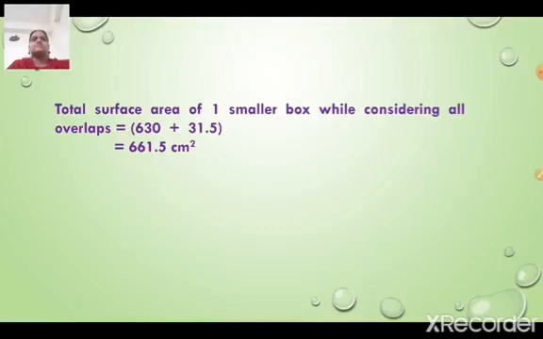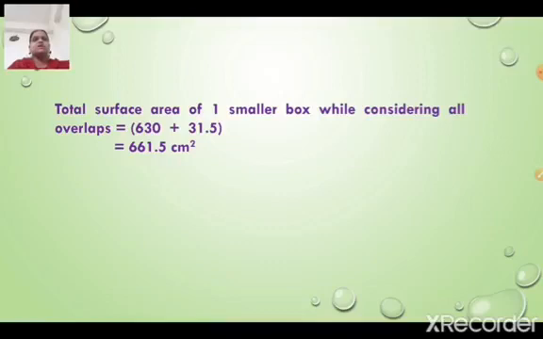Means the total surface area of one smaller box, including the overlapping. So what did you get as the answer here? 630 plus 31.5, which is equal to 661.5 centimeter square.